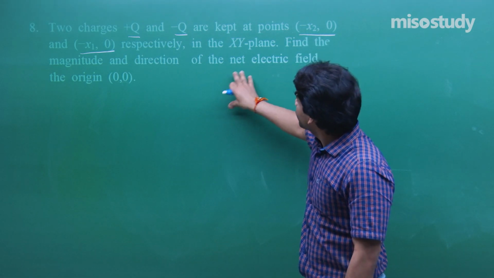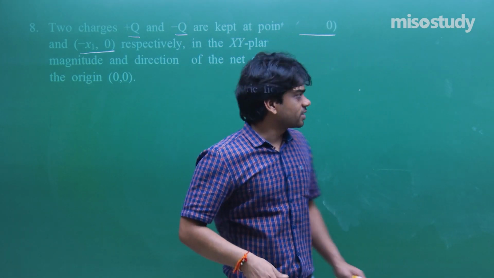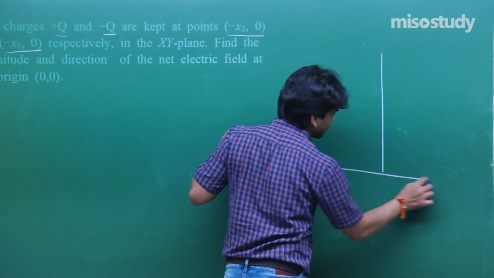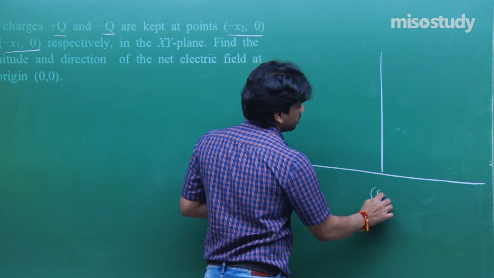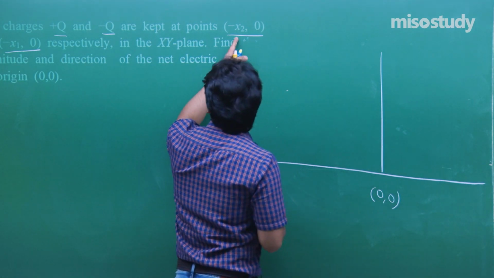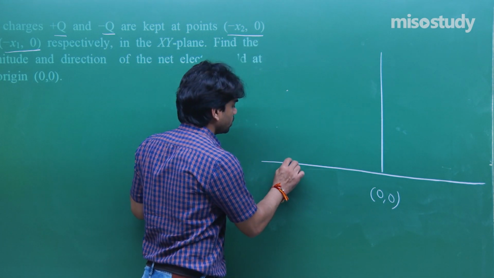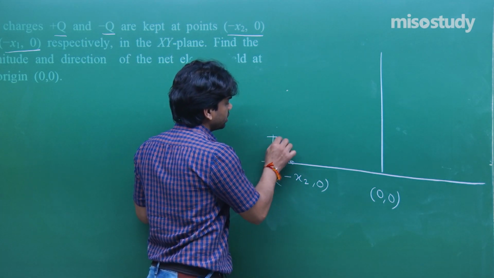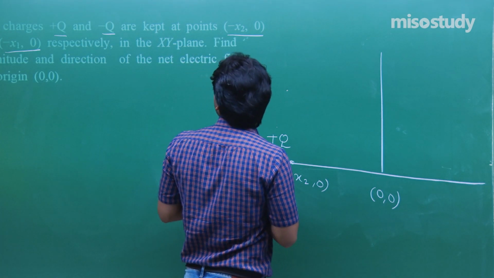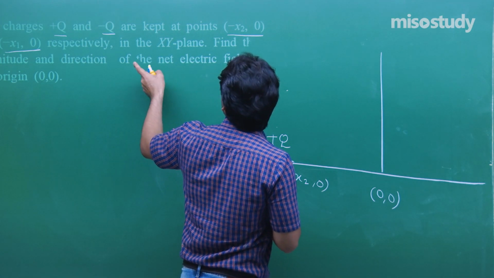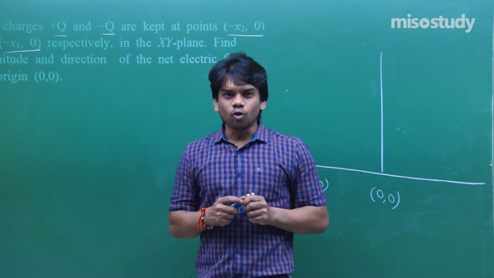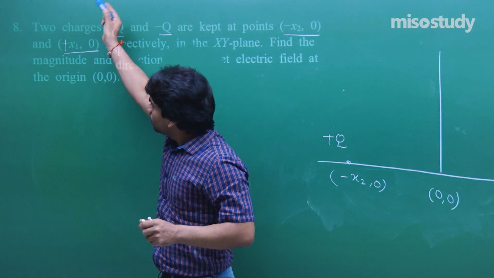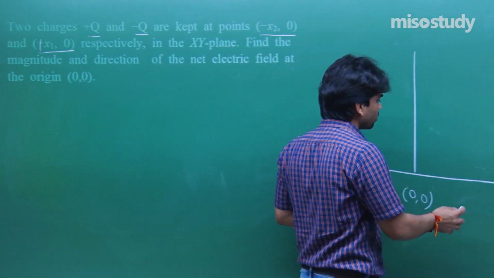Two charges plus Q and minus Q kept at points minus x2 comma 0 and plus x1 comma 0. Let me show you the position. If I explicitly show you the position as origin, at minus x2 comma 0 we have placed plus Q, and at x1 comma 0 we have placed minus Q. You may take this as plus x1 comma 0 and things will be simple.